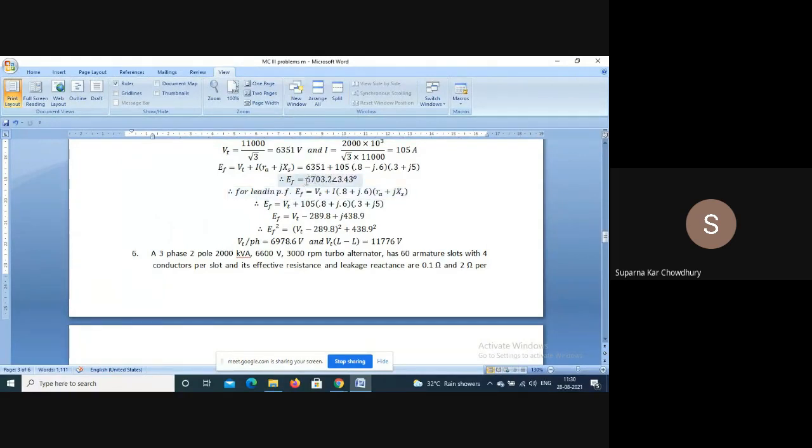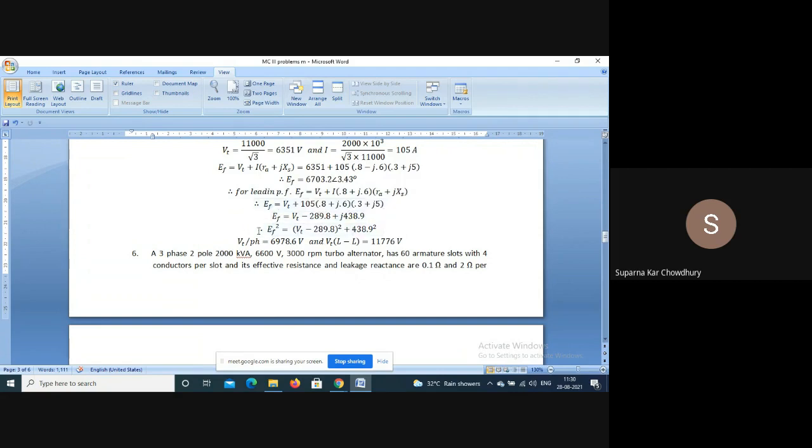So keeping the excitation the same, if we want to calculate for the leading power factor, EF will be VT plus I into, since it is leading, 0.8 plus j0.6, into RA plus jXS.